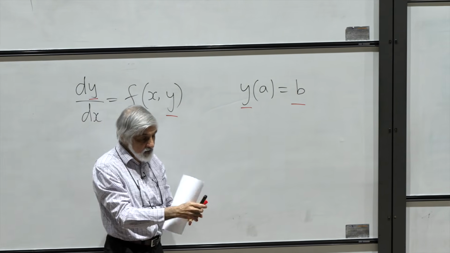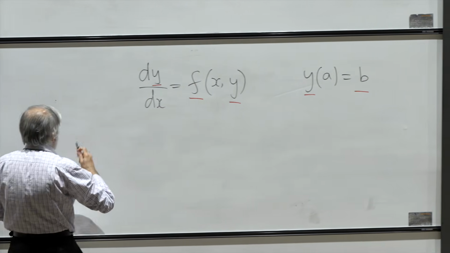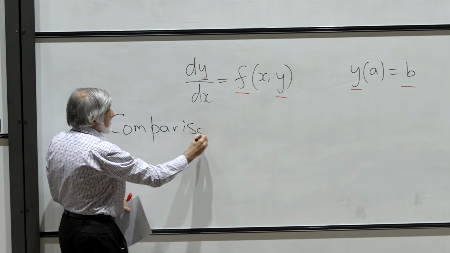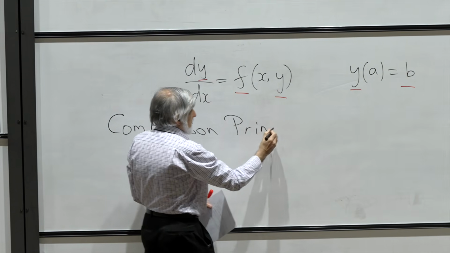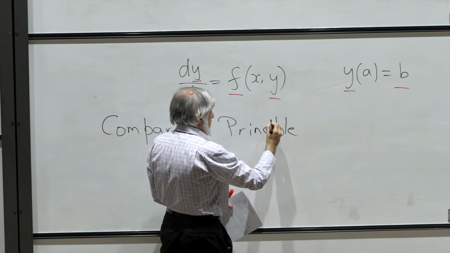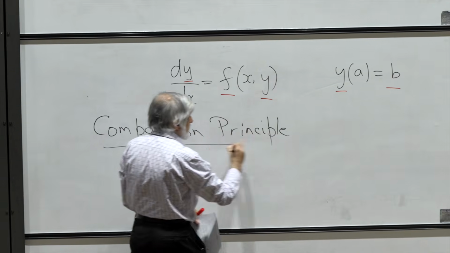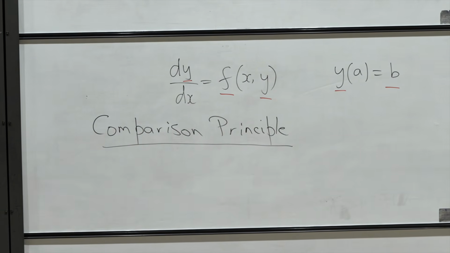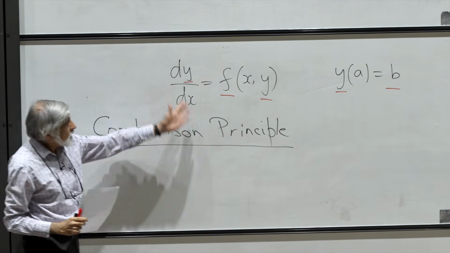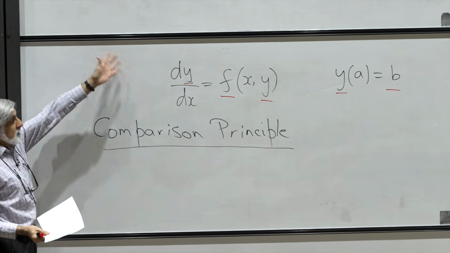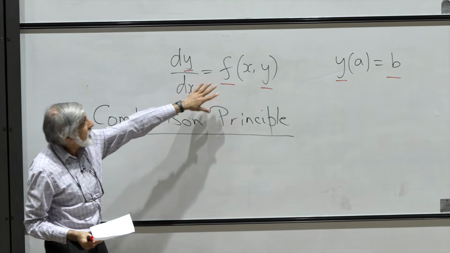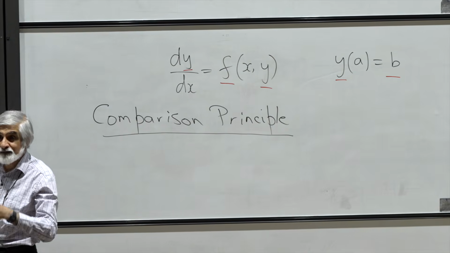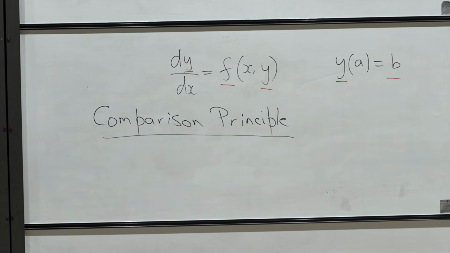But one important thing to point out is, remember that when we had just one ODE, we used the comparison principle where we said, okay, if U dashed is greater than F, and V dashed is less than F, what can you say about U and V?